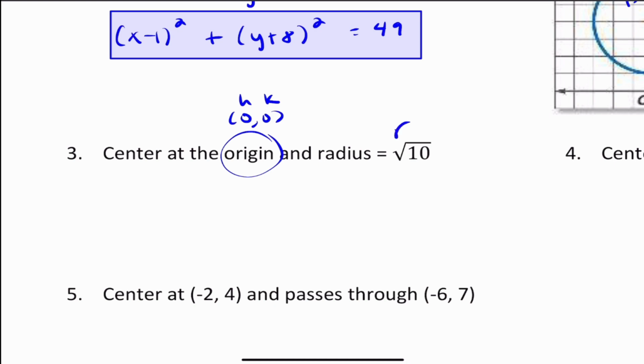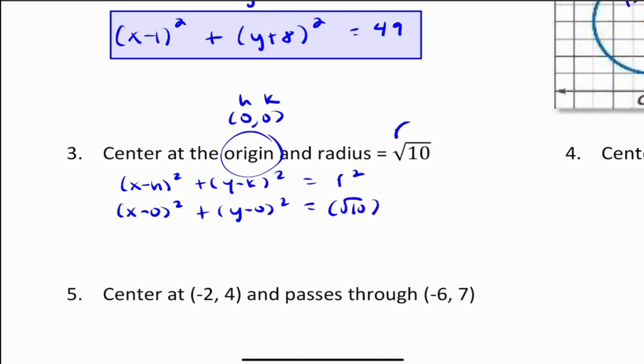So it is x minus h, the quantity squared, plus y minus k, the quantity squared, equals r squared. So x minus 0 quantity squared plus y minus 0 quantity squared equals the square root of 10, the quantity squared. So we have x squared plus y squared equals the square root of 10 quantity squared, which is just 10. So this is our answer.